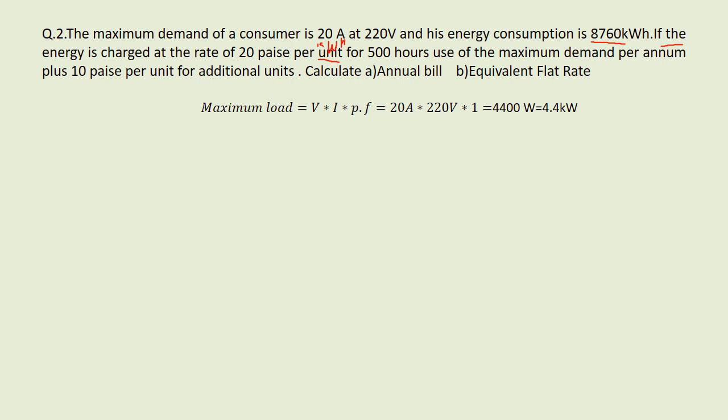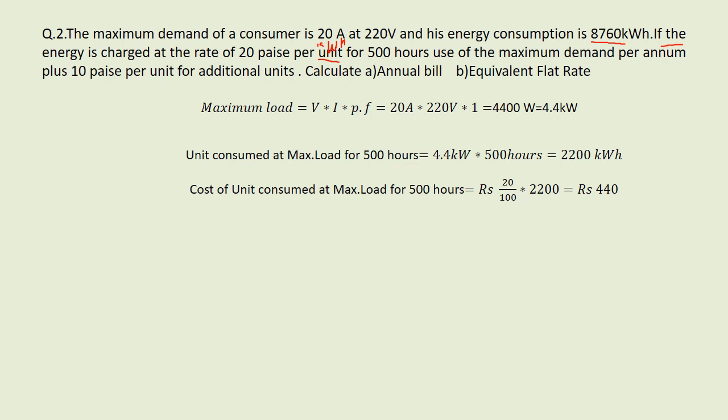So first we need to calculate the amount of energy for 500 hours. So units consumed at maximum load for 500 hours is 4.4 kilowatt into 500 hours, that is 2200 kilowatt hour. Okay, so this much energy we have to charge at 20 paise, and the remaining energy we have to charge at 10 paise.